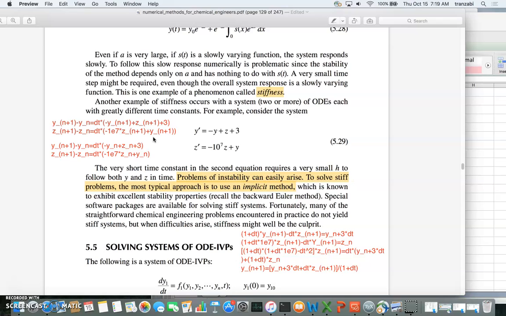Again, an implicit method is a method in which both sides of the differential equation, when we convert them to n and n plus 1, become functions of n plus 1. Like in this case, we have n plus 1 here and here. In the second equation, we have n plus 1 here and there. So this is backward Euler, but in forward Euler, n plus 1 only shows up on one side. This is explicit and cannot be done for stiff problems. This is implicit, and that's the only way we can solve stiff problems.